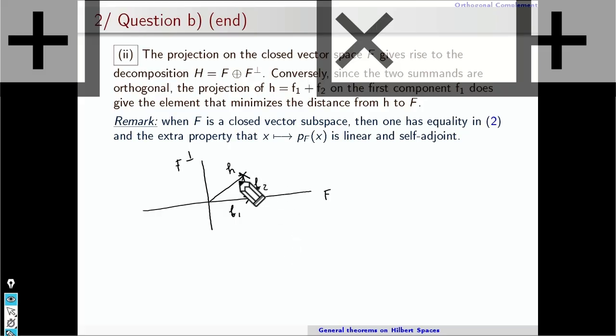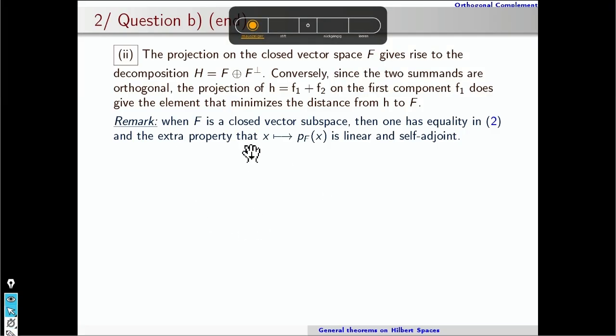We see that the distance between this and F, by the Pythagoras theorem, is the square root of this square plus this square, and it is minimized at this point. Here, this distance is bigger than this distance. So the smallest distance is the norm of f2, and it is reached at f1. And similarly, the smallest distance between h and F orthogonal is reached at the point f2, and the distance is the norm of f1.